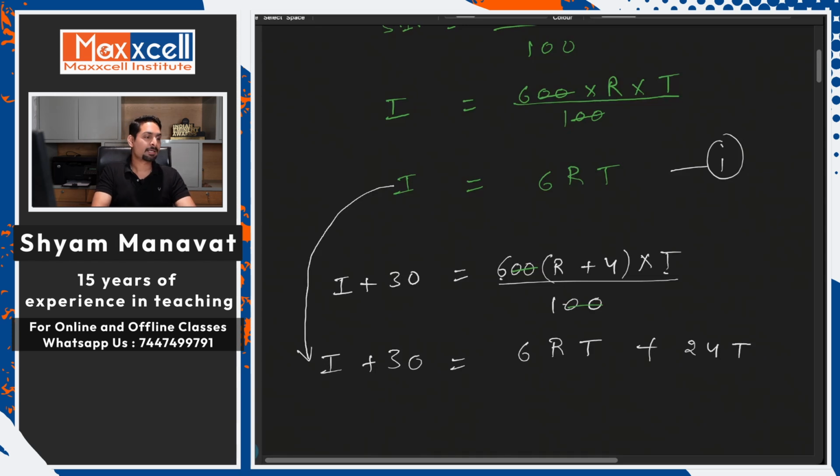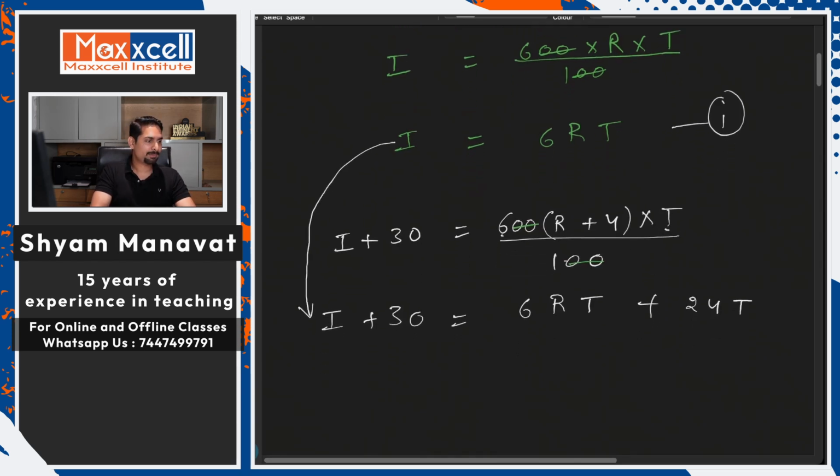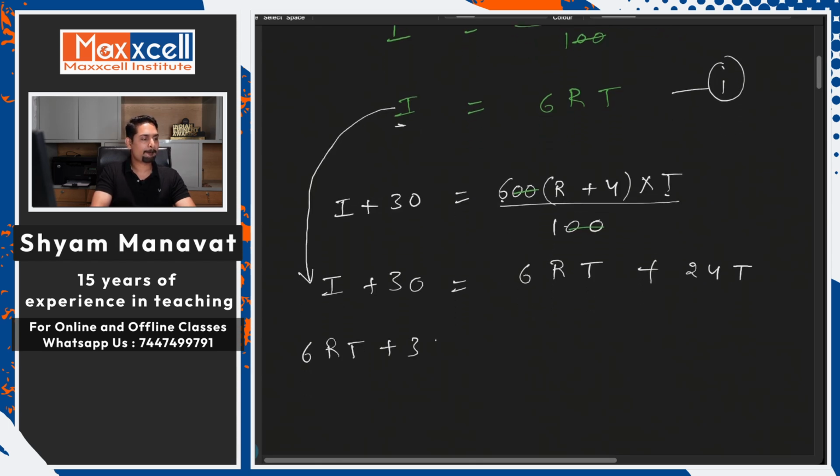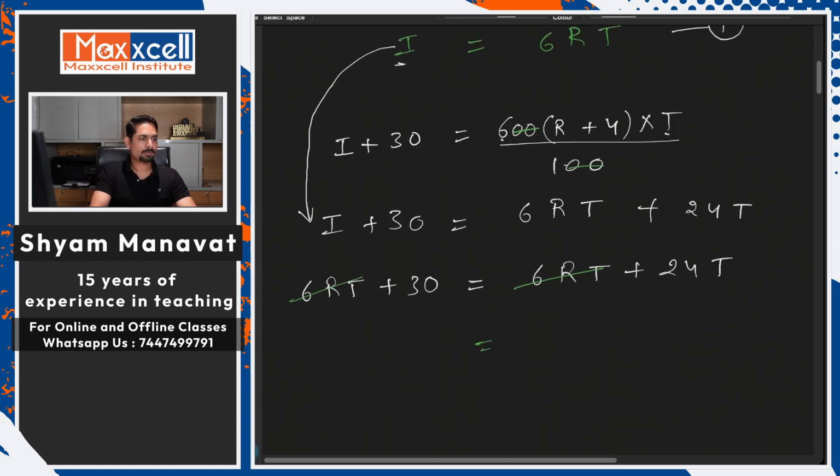Yes, we can. Then the new equation will be 6RT, which is the value of I from the previous equation, plus 30 equal to 6RT plus 24T. Can we cancel 6RT with 6RT? Yes, we can.